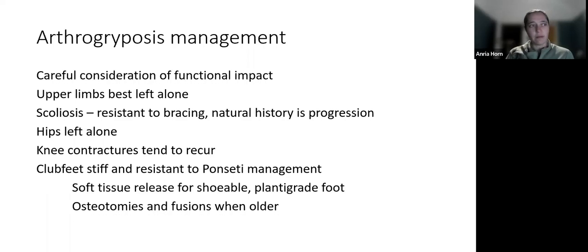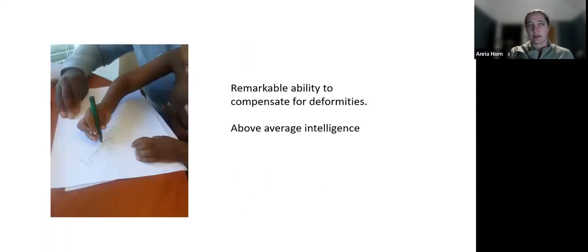So it's very important to consider what their functional status is before you start intervening, because they're incredibly adaptive. This child came to see me because of his hands, and his parents wanted to know if I could make him better. But he was already writing at the age of 4 with his deformed little hands, and I was just like, no way, I'm not going anywhere.